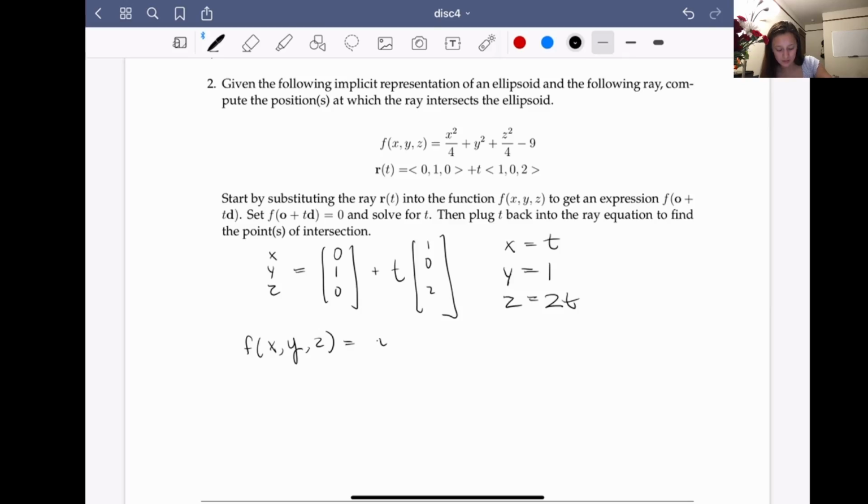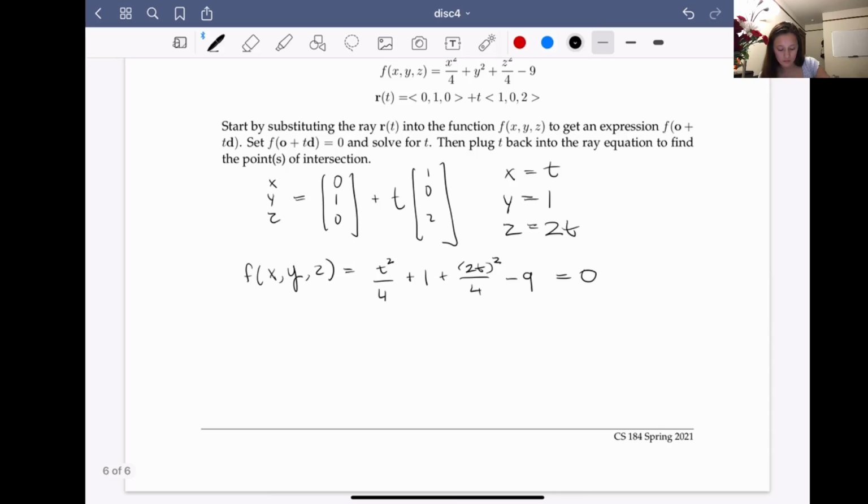Again, this is all very similar to what we have done before. Okay, and then we set this equal to 0. We also did this in the previous question, and then we solve for t.